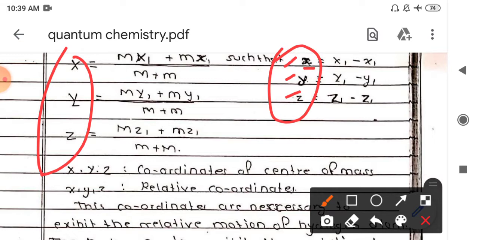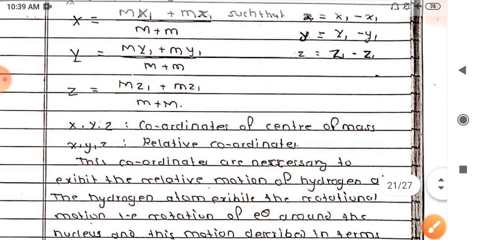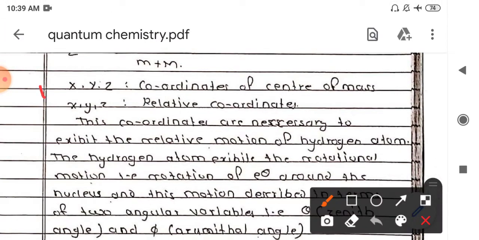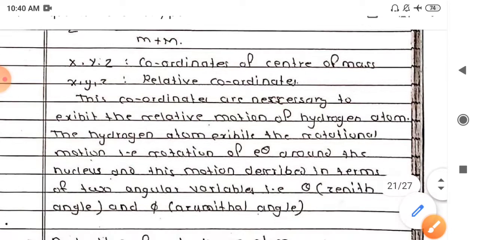So x is equal to capital X1 minus small x1, capital Y1 minus small y1, and for z it is capital Z1 minus small z1. So capital X, Y, Z represent the coordinates of the center of mass, and small x, y, z represent the relative coordinates. This is considered with the translational motion, and this is considered with the rotational motion.